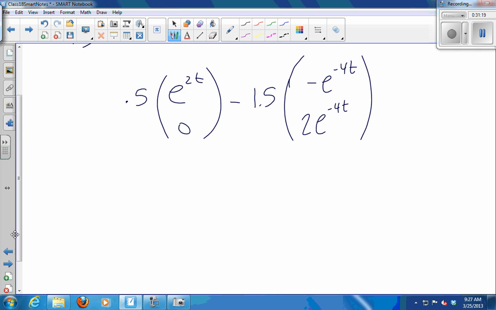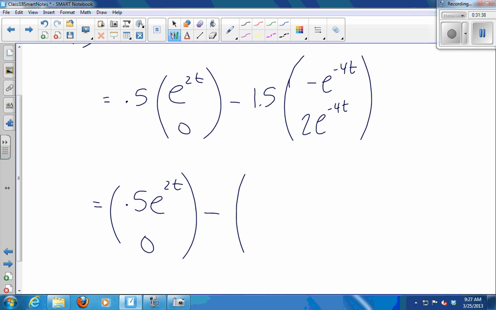So now you multiply the constants. To multiply a constant times a vector, you multiply every component by your constant. So this becomes 0.5 e to the 2t. This becomes 0 minus negative 1.5 e to the negative 4t. I haven't distributed the negative yet, that's all. I left it outside. And then I end up with negative 3 e to the negative 4t.